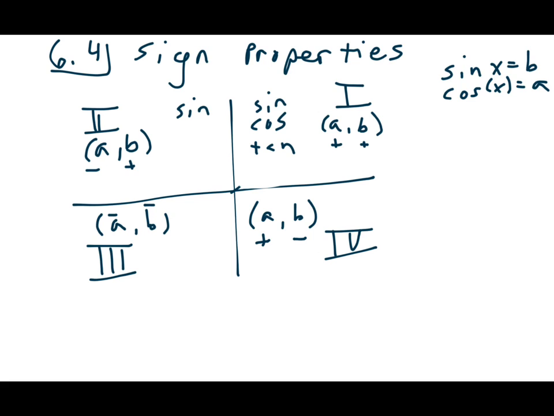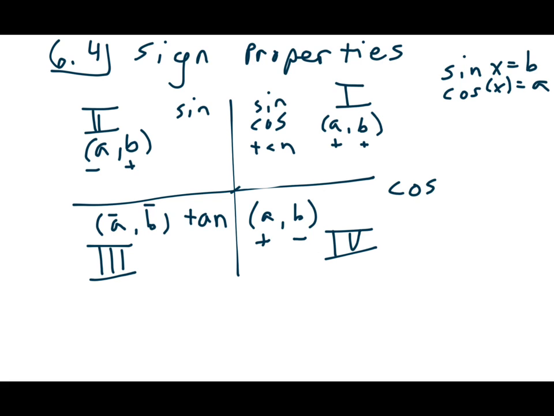In the third quadrant, sine's negative, cosine's negative, but whenever you divide them for tangent, tangent's positive. And then in the fourth quadrant, sine's negative, but cosine's positive, and that makes tangent negative. So right here, I have only written down where these values are going to be positive. Otherwise, they're going to be negative.